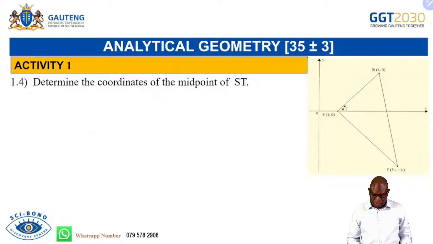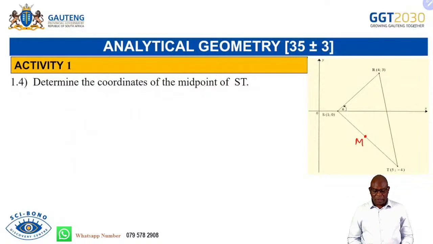So in other words, we need the midpoint of ST. I'm just going to call it M. So the midpoint of ST. How am I going to calculate the midpoint of ST? I'm going to go to the formula sheet. The formula sheet is the one that has all the formulae. Remember, in analytical geometry, we are basically working with formulae. So that's why I say this section, we must always get full marks in there.